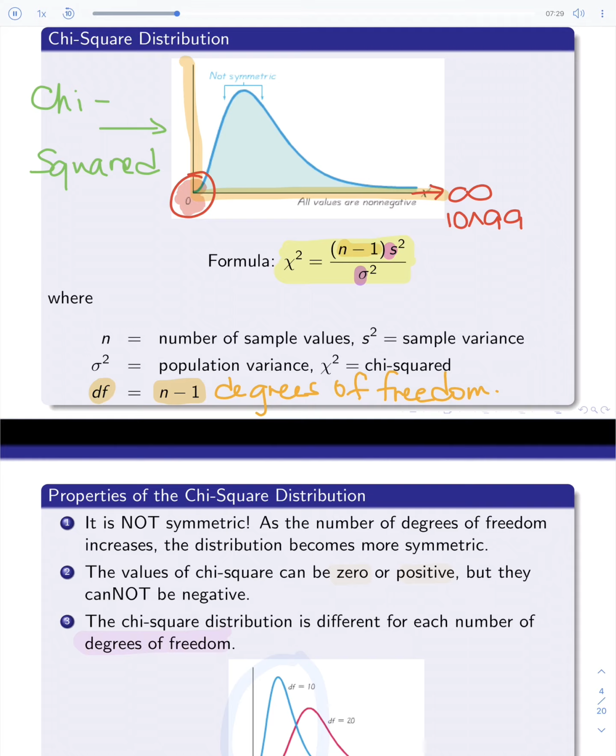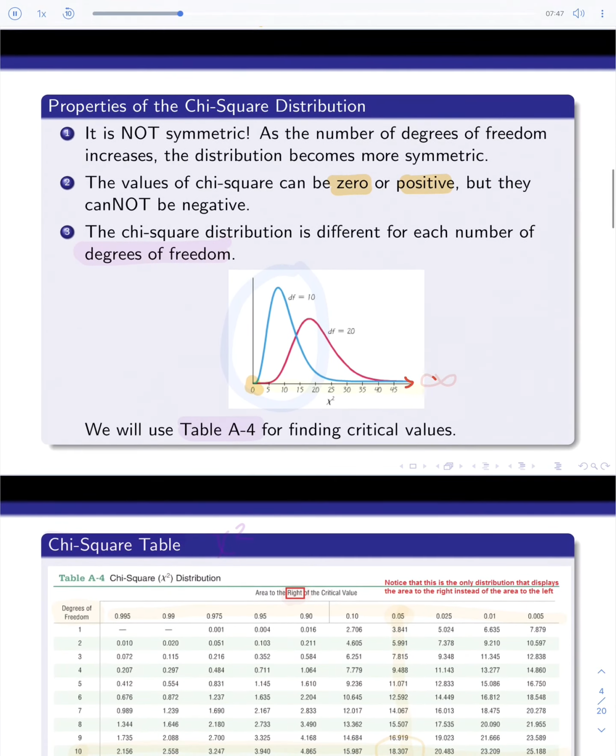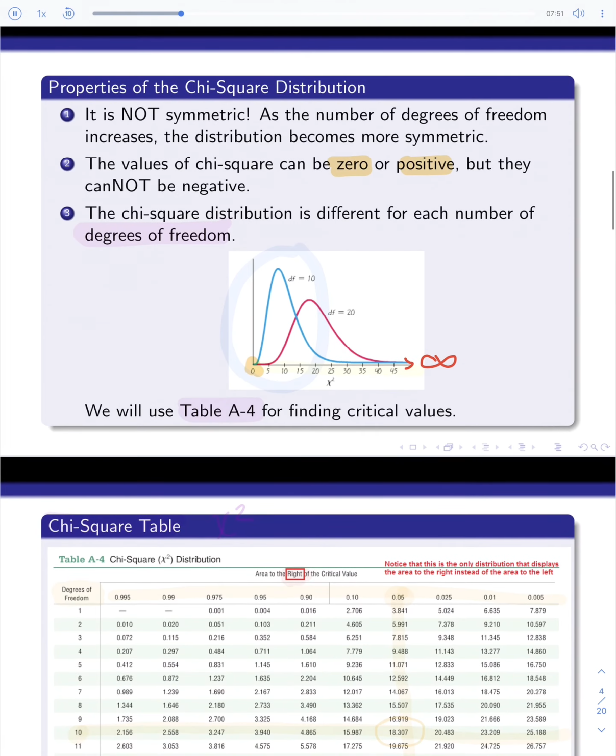Chi-squared starts at 0 every single time, so it can be 0 or positive, but it can't be negative. It does continue on to the right forever towards infinity. And you're going to get a different chi-square distribution depending on what your degrees of freedom are, your df.